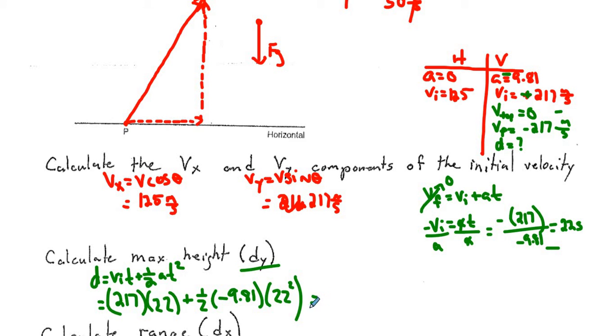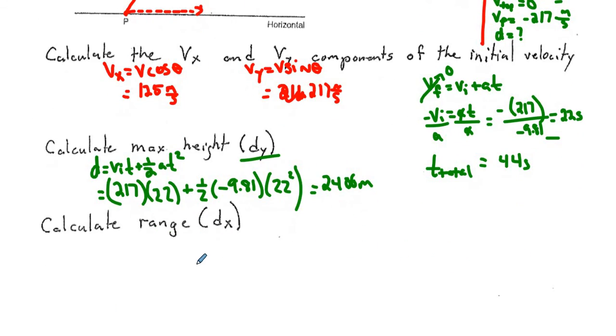If you do this, you should get a max height of 2,400 meters to 2 sig figs. So now here's what's cool about this. The time it takes to get to the top is 22 seconds. So for this next part, the total time is going to be twice that, or 44 seconds.